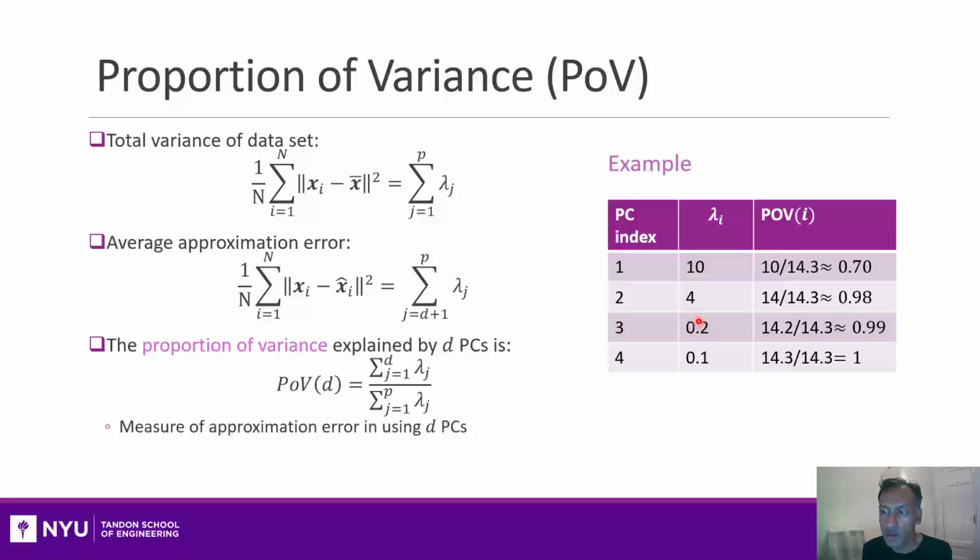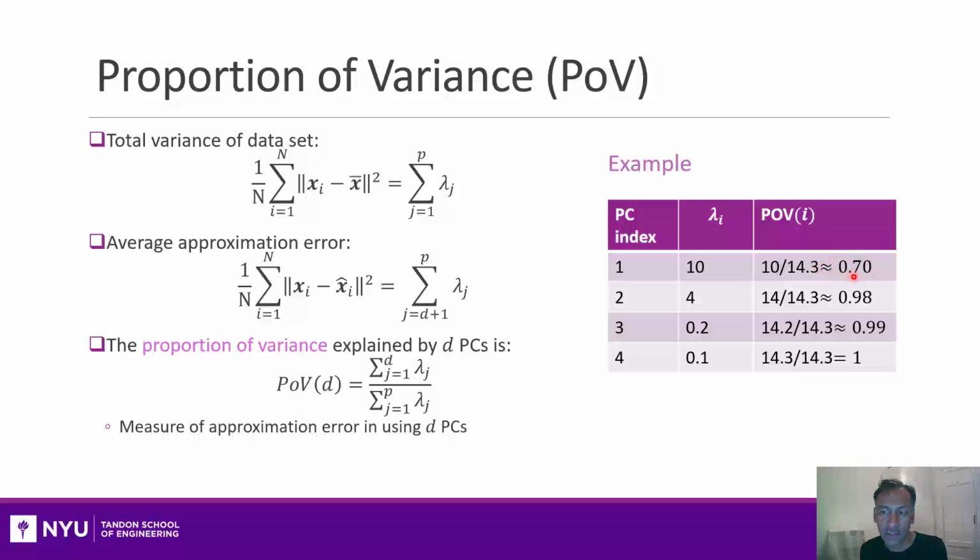So if you used just one principal component, the amount of variance that principal component would capture would just be the variance in that first dimension divided by the total variance, which is just the sum of these eigenvalues, 10 plus 4 plus 0.2 plus 0.1, or 14.3. And when I divide that, I get about 70%.